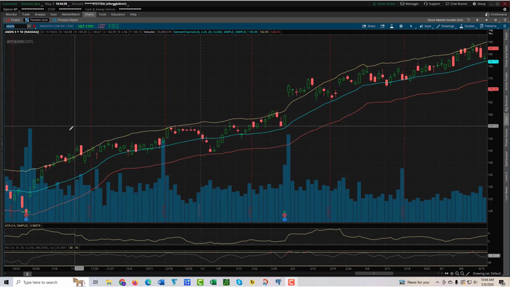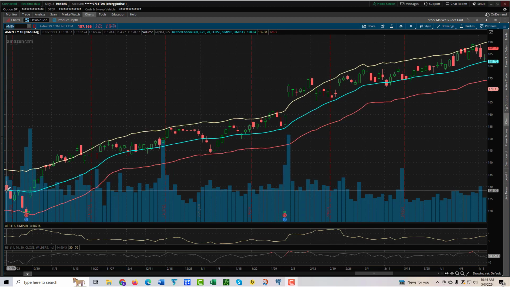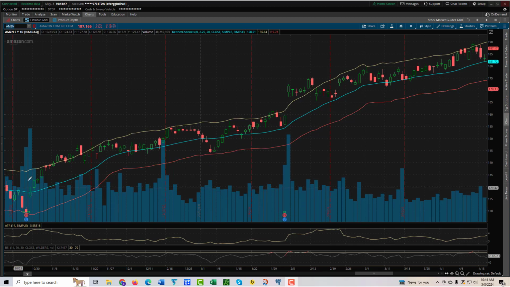This particular chart, the overall look of this chart is an uptrend because it goes from bottom left to top right. But you can see along the way there were a lot of different patterns of price activity. Right here this was kind of a strong uptrend, and then right here it was flat.